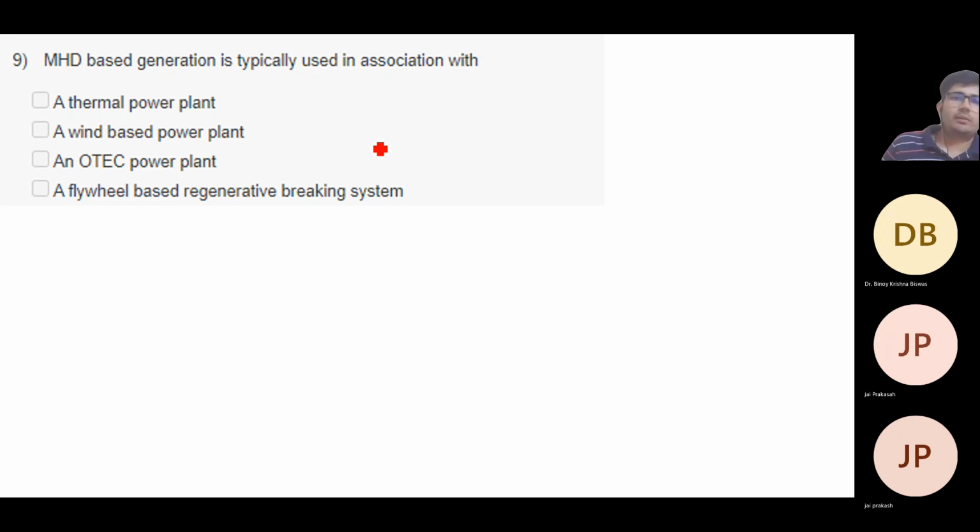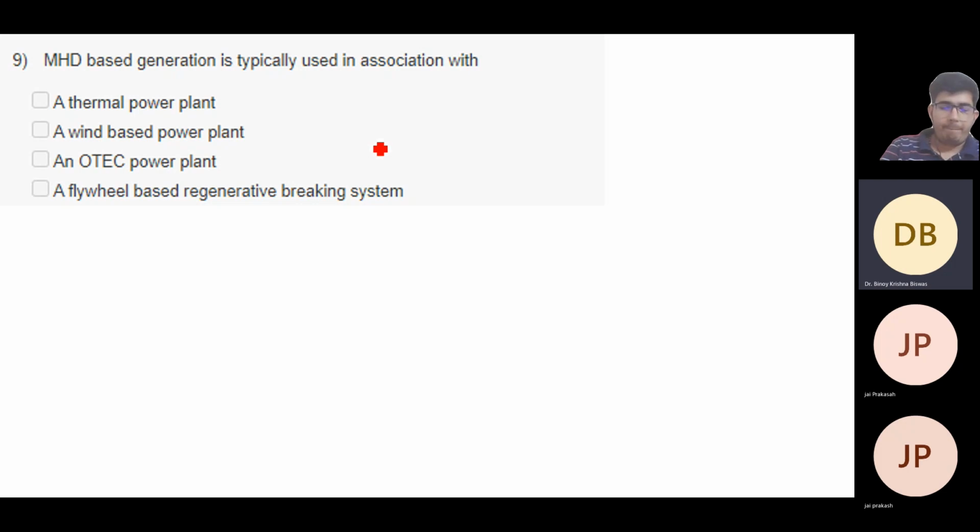What is the reason for that? Sir, all the ions from cesium and potassium, the charge will be collected by the MHD, but still they have some thermal energy, and with that thermal energy, it will pass through the turbine of the thermal power plant.